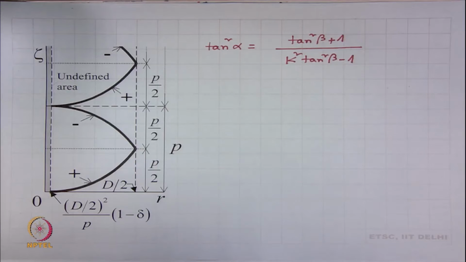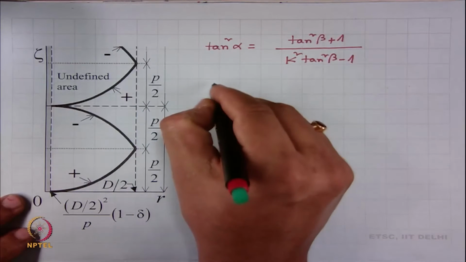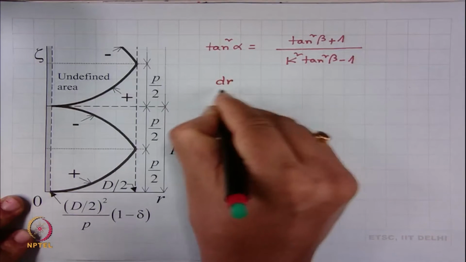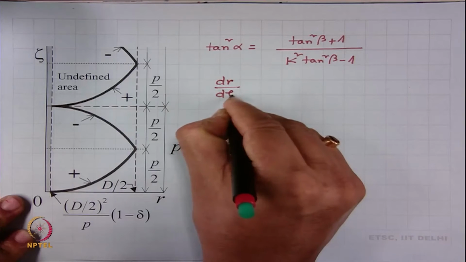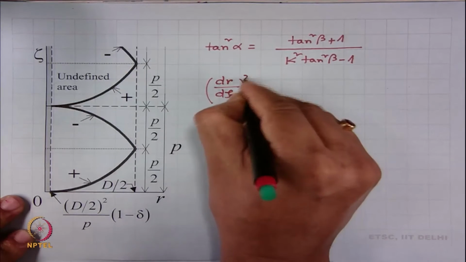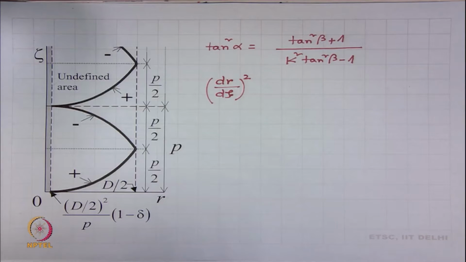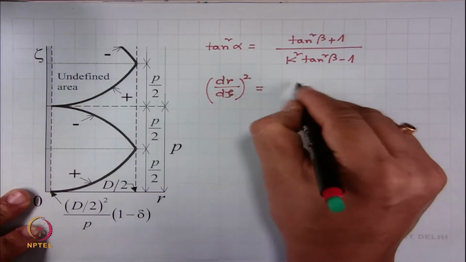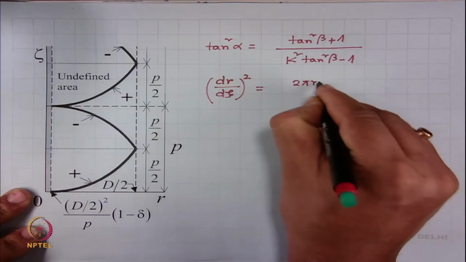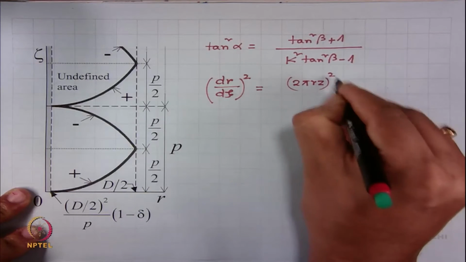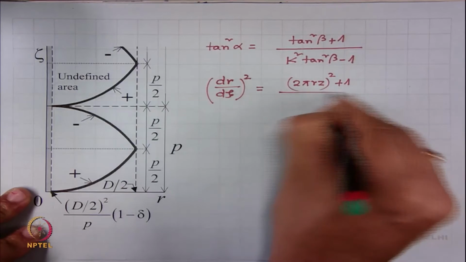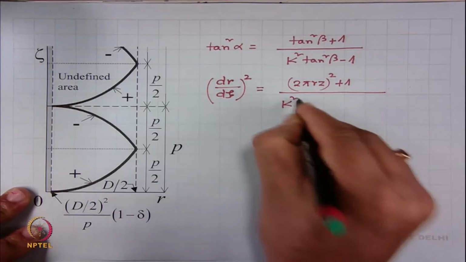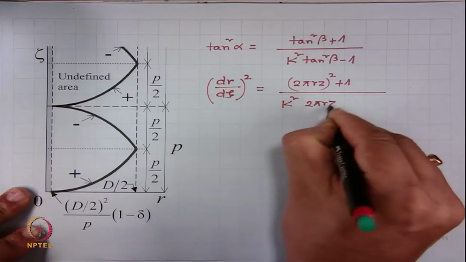Now, what is tan alpha? dr by d zeta. What is tan beta? 2 pi r z.